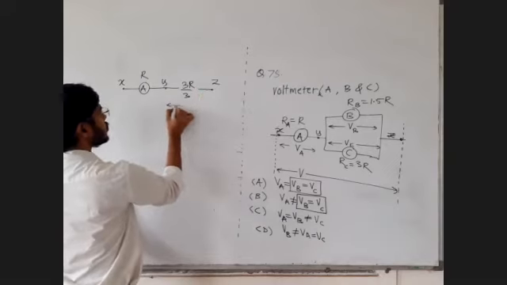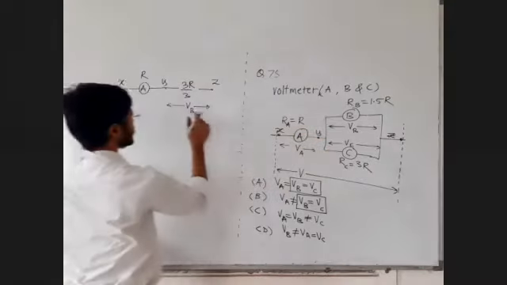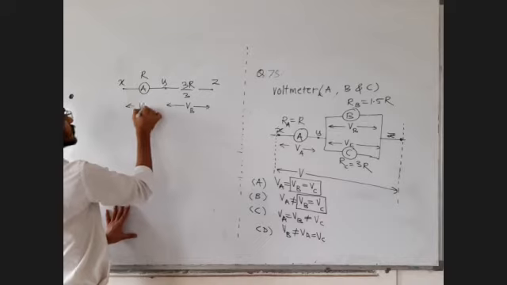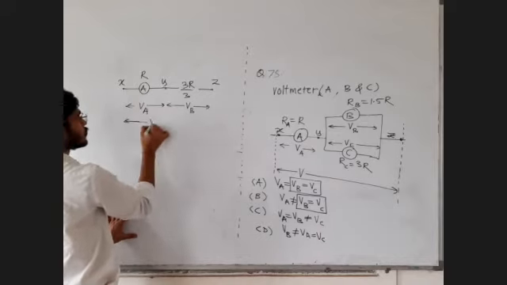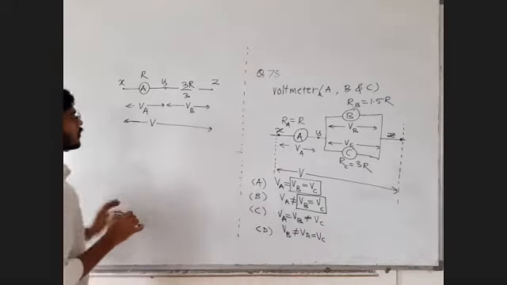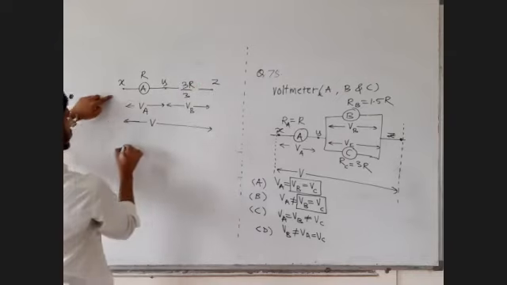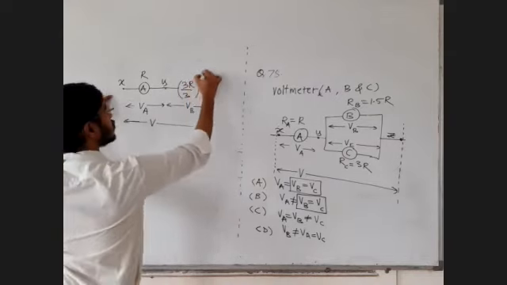That is going to be voltage across B, or you can say voltage across C. And this is voltage across A. And this is total voltage. What is this value? Make an arrow.